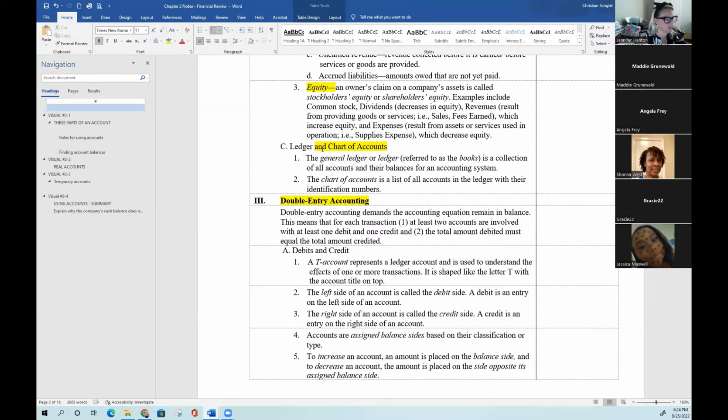A lot of times it's categorized that way. You have ones that are assets, like cash, something with quick liquidity. And then you have twos that are liabilities, fours are sales. So they'll group them, and a lot of times it's very similar from one organization to another.